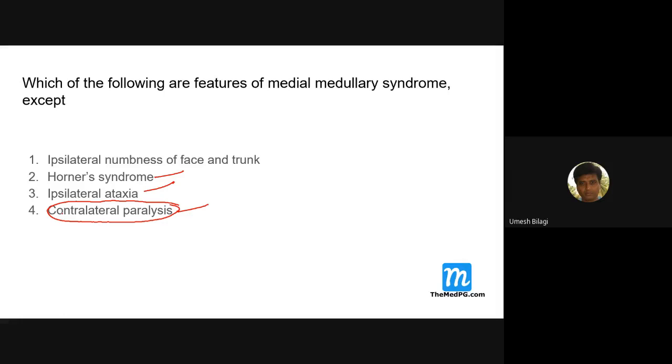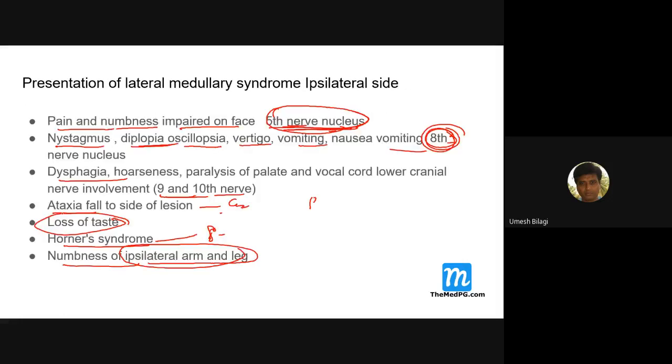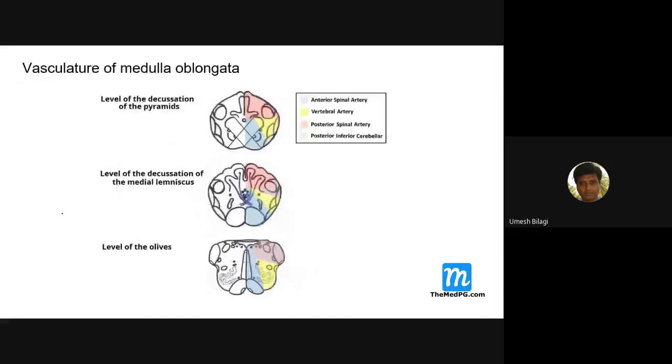Where is this? These are pyramids. Okay, this is nucleus gracilis. So in medial medullary syndrome, this part is involved.